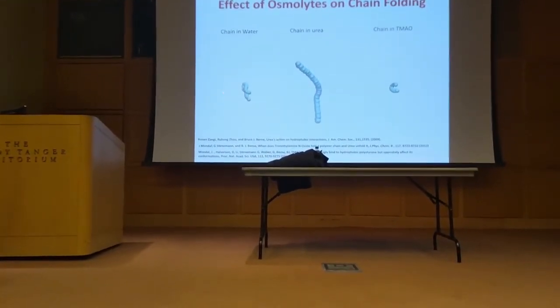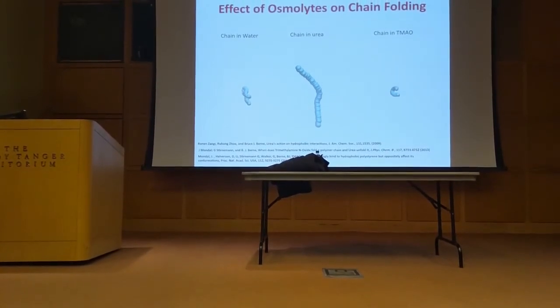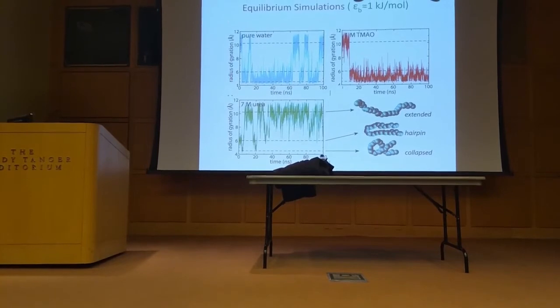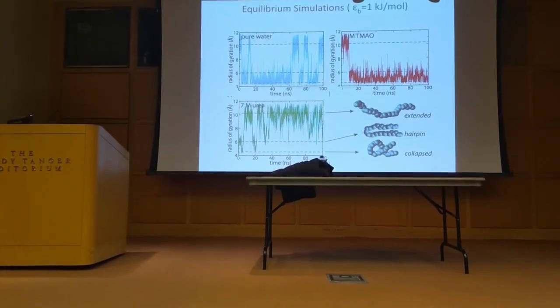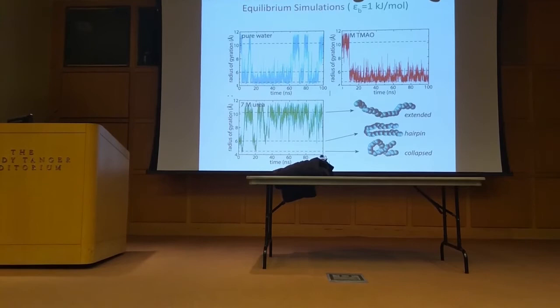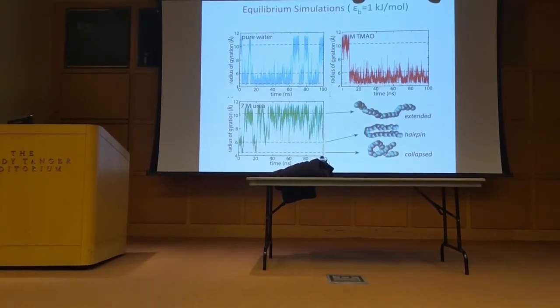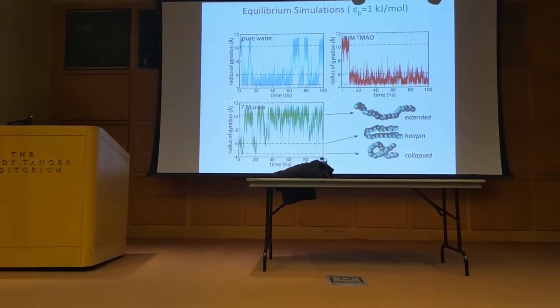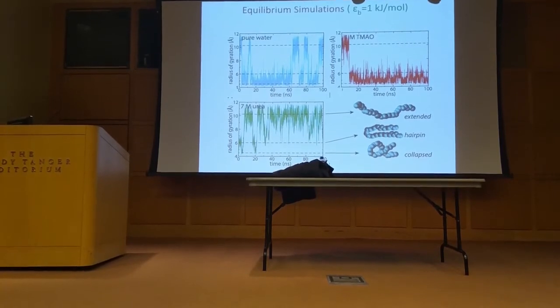And what we did is we did a whole theory based on this. If I could do it. Oh, well, this shows you the radius of gyration of the chain as a function of time. And in pure water, you see that it's most of its time around the collapsed structure, occasionally going into a hairpin type form, and spends quite a little time opened up.